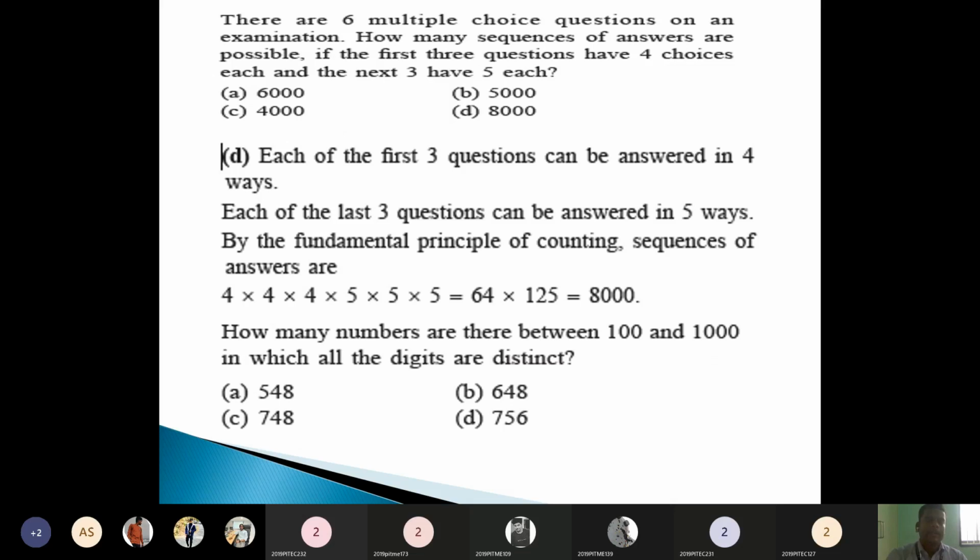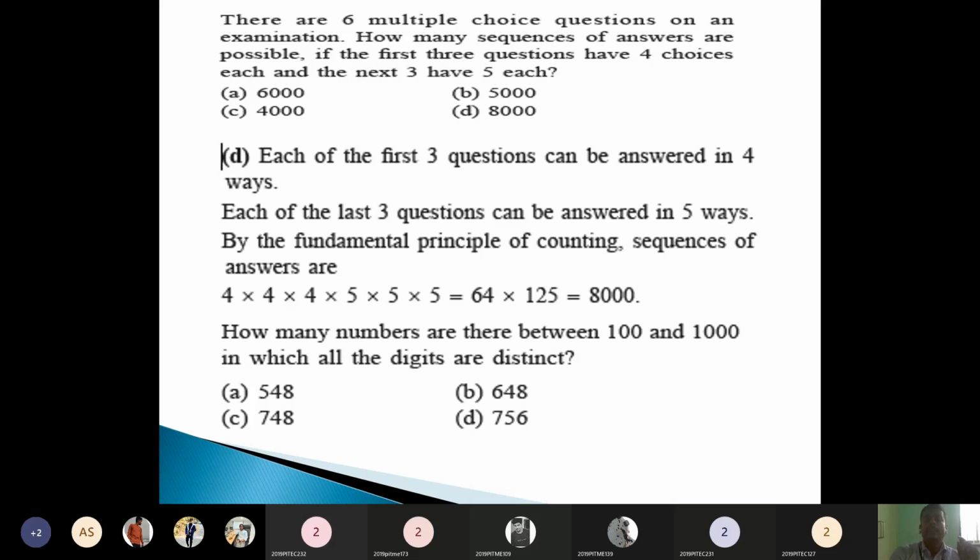There are 6 multiple choice questions on an examination. How many sequences of answers are possible if the first 3 questions have 4 choices each and the next 3 have 5 each? Total 6 multiple choice questions. In that, the first 3 questions have 4 choices, and the next 3 questions have 5 choices. How many sequences of answers are possible?